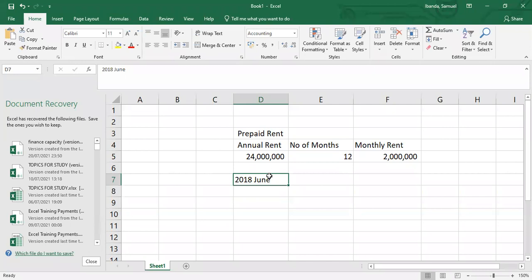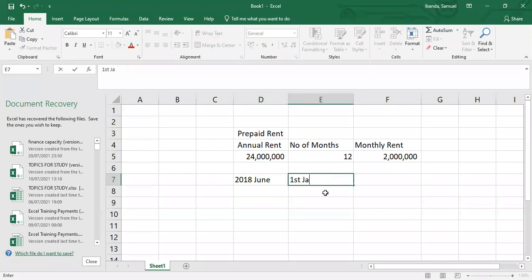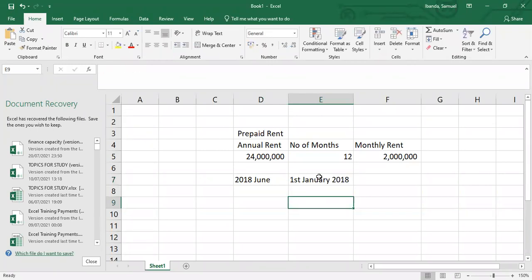So if somebody paid the rent on 1st January 2018, since our year is ending in June, and they have paid for the 12 months, an annual rent, it means that part of what they have paid will be taken to the next financial year.